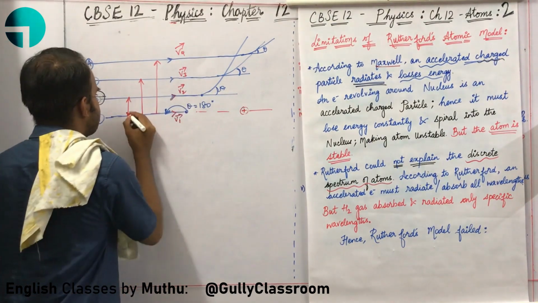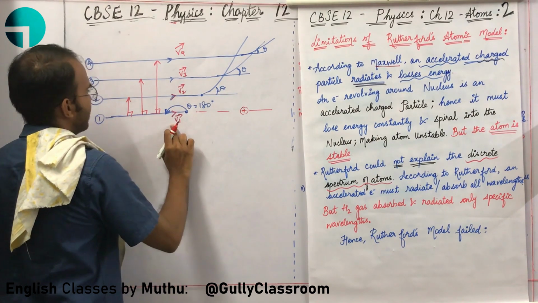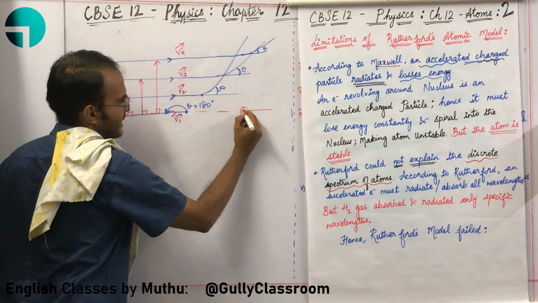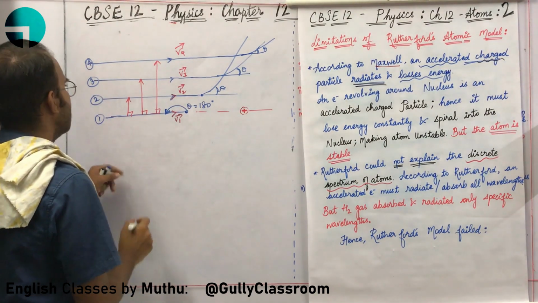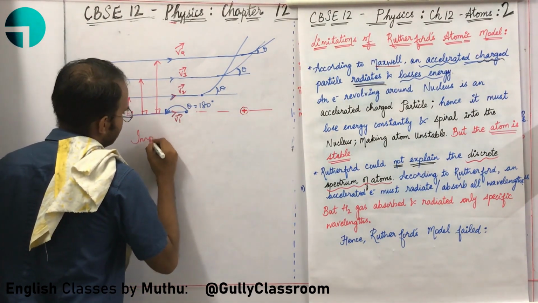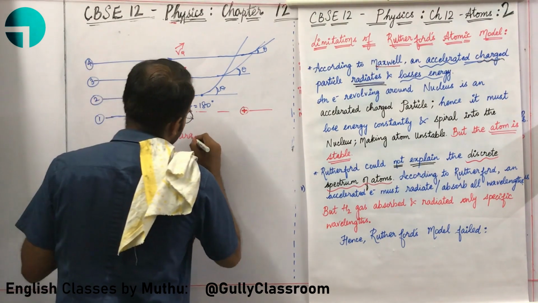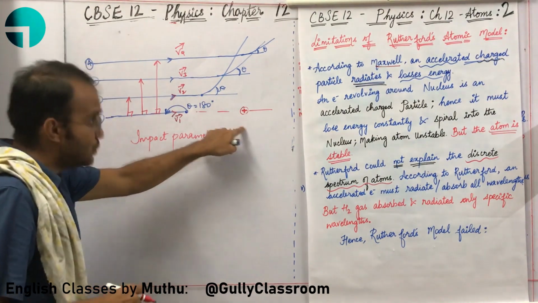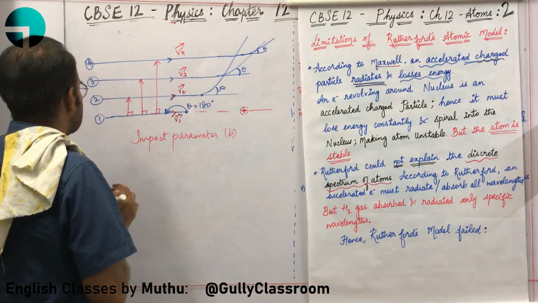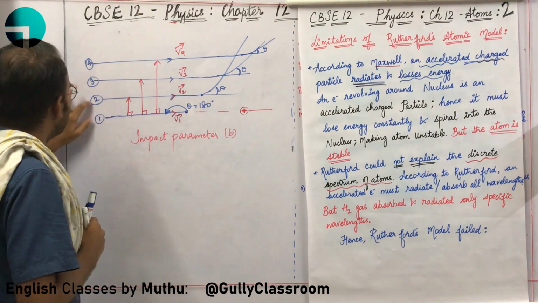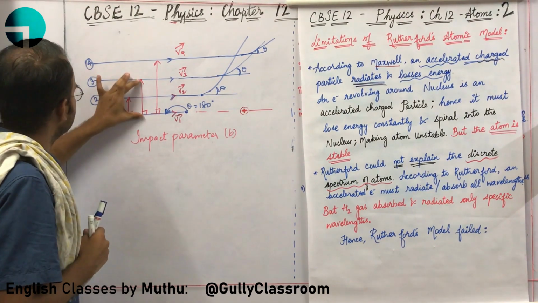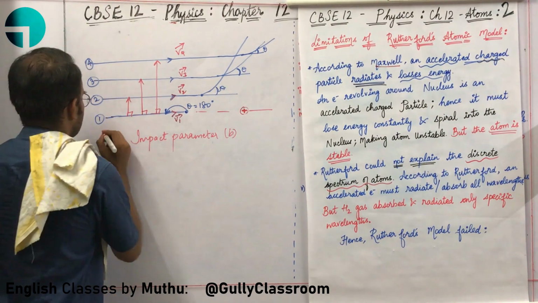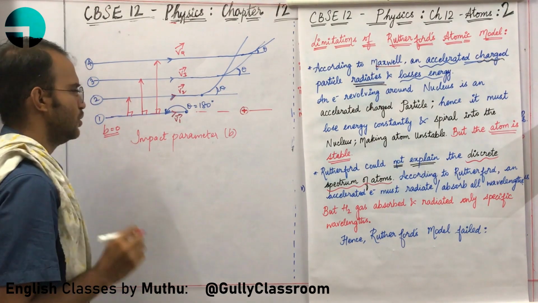The perpendicular distance between the velocity vector of the alpha particle and the center of the nucleus is called the impact parameter, or B. It simply measures the effect of the nucleus on the incoming alpha particle. So for path 2 this is B, for path 3 this is B, for path 4 this is B. For path 1, B is equal to 0.